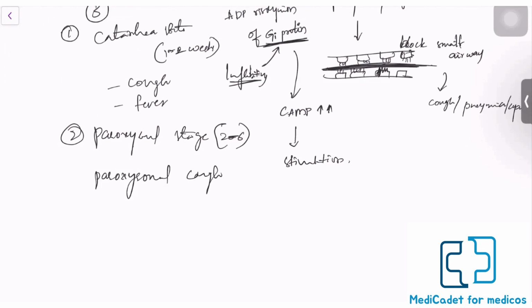And also they'll have this high pitched whooping sound because the airways are being blocked, right? So when you're trying to inhale the air, you'll have this high pitched whooping kind of sound.